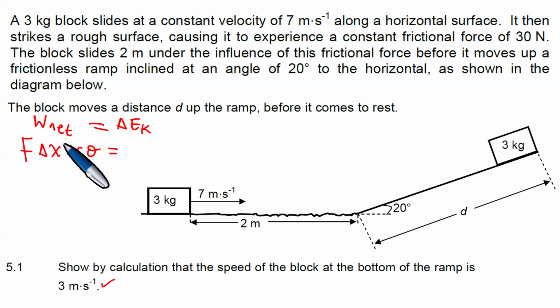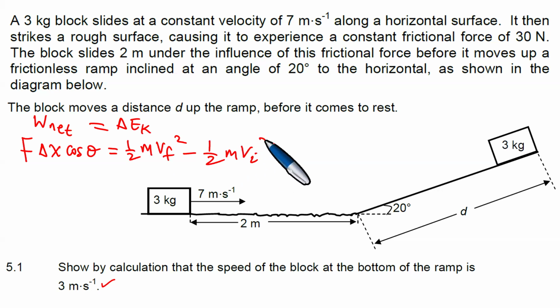The work net, W net, which is the total work done, is F delta X cosine theta, and that equals 1/2 m v final squared minus 1/2 m v initial squared.